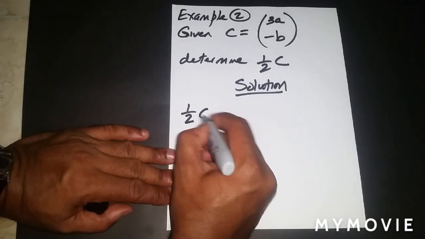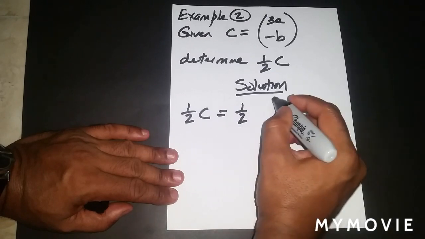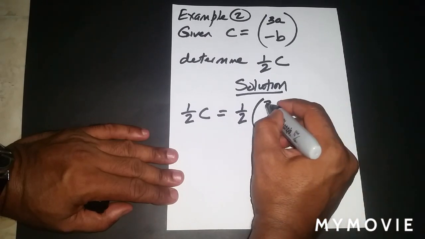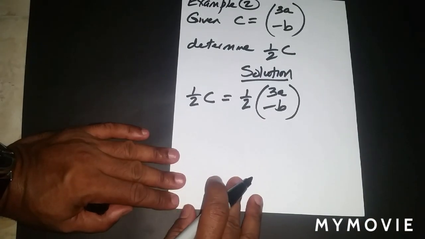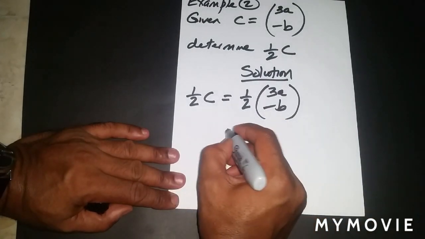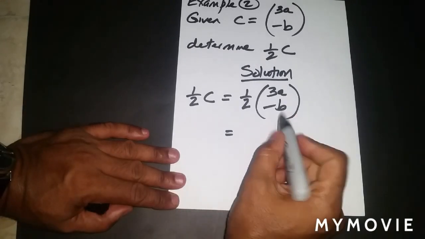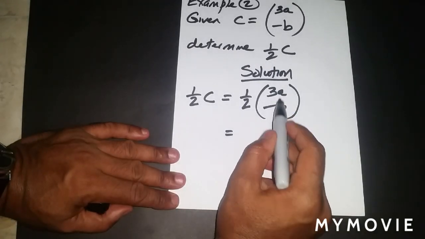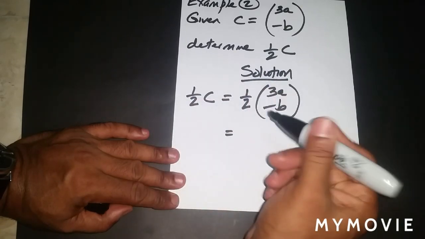So what would a half C be equal to? Well, a half C would simply be equal to a half times whatever matrix C is, and that's 3A minus B. Now, just for emphasis, even though we didn't do that for the first example, what you're doing is multiplying each of these elements, 3A is one element, negative B is one element, by a half.